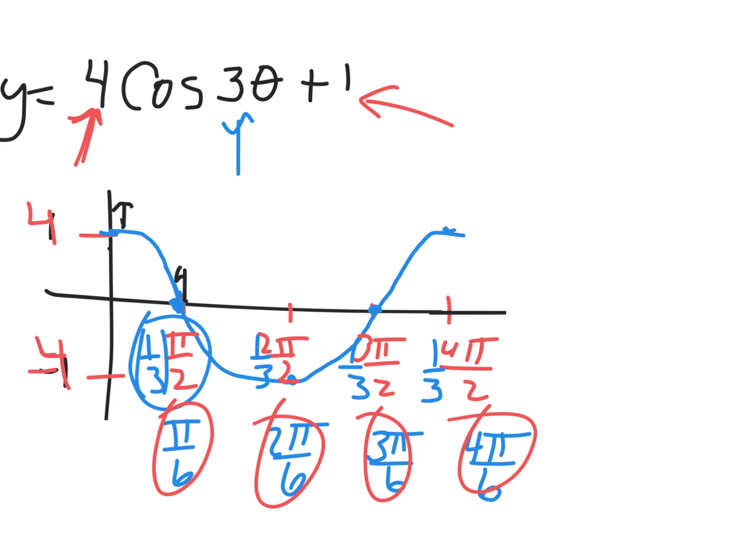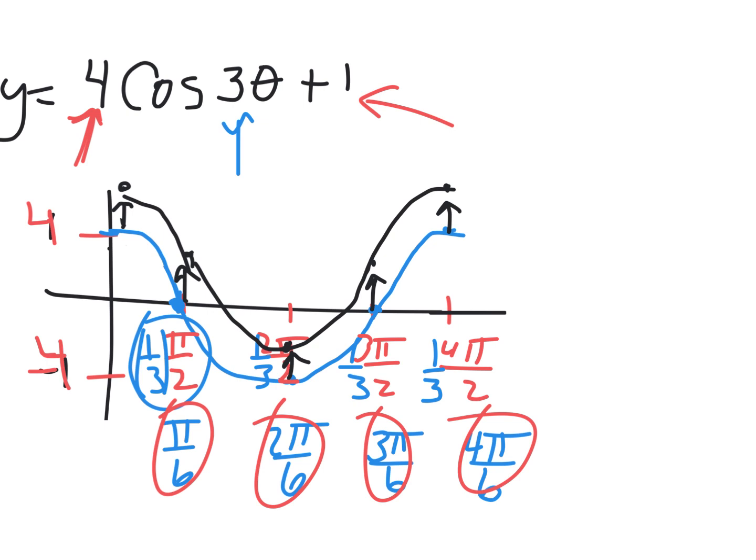So each of the key spots moves up 1, not 4. And so my new graph can be like there, there, there, there, and there. And there we go. It's the black one. It's been moved up 1.